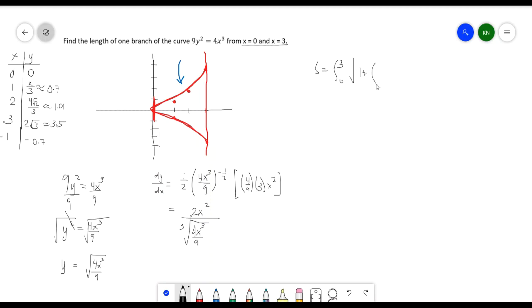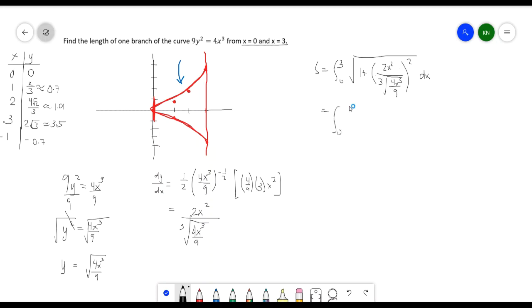So we have 2x squared all over 3 times the square root of 4x cubed over 9, and then we have the squared and the dx. So afterwards, we need to simplify first what's inside our radical sign.